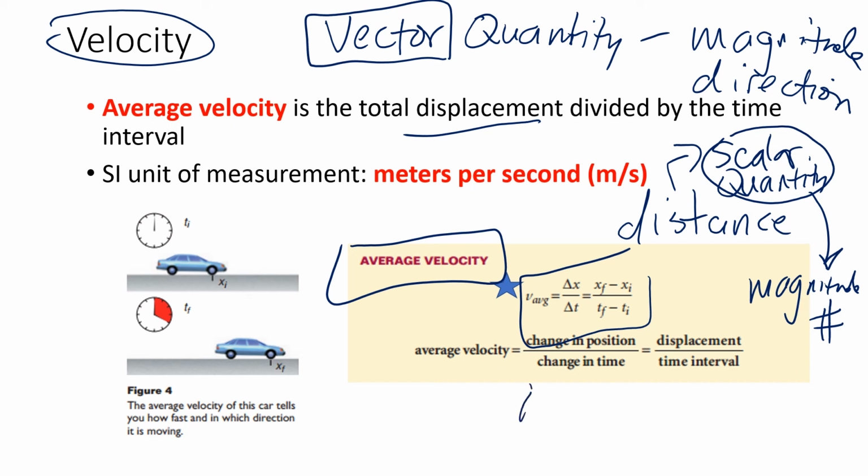Remember, delta means change. We talked about that last year in chemistry. So the change in position divided by the change in time gives me my average velocity. We're probably going to have to look at these formulas and rearrange them, hint, hint.